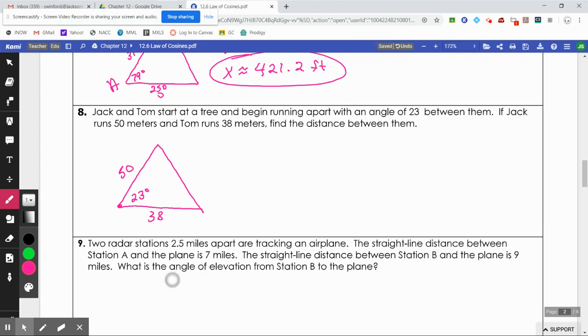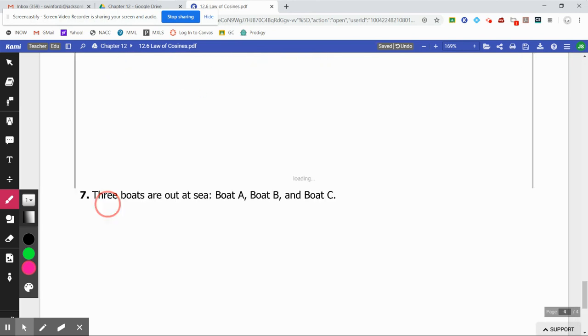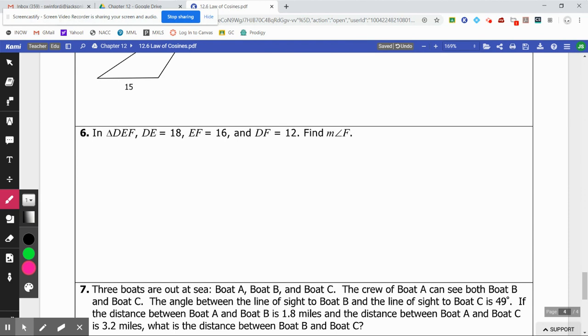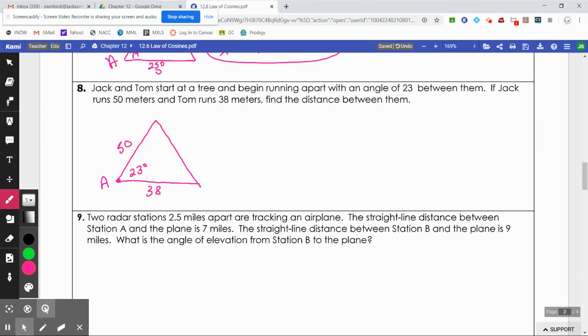So this will be our angle A if we want to use that first formula, and this is our unknown that we're looking for. So we have a squared equals b squared plus c squared minus 2 times b times c times the cosine of the angle 23 degrees.